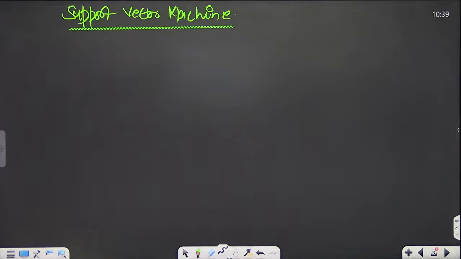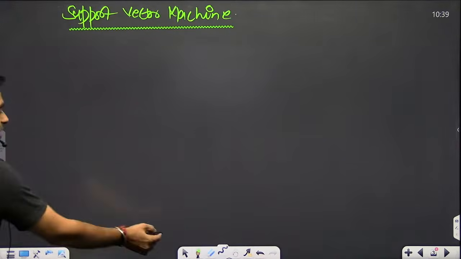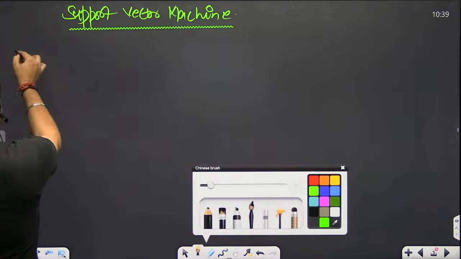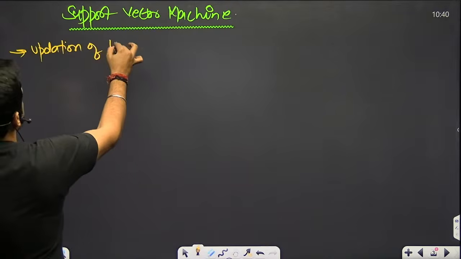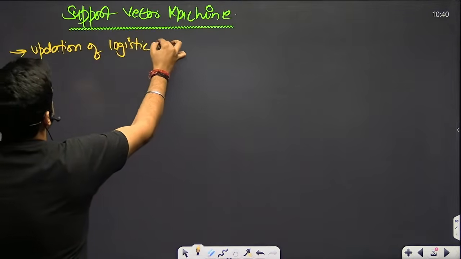Right. So guys, support vector machine is firstly an expansion of logistic regression. Just write that it is the updation of the logistic regression model.